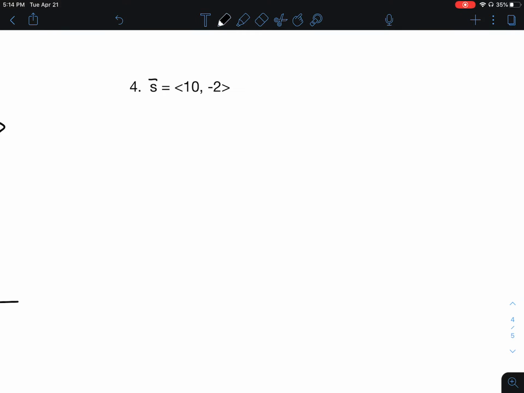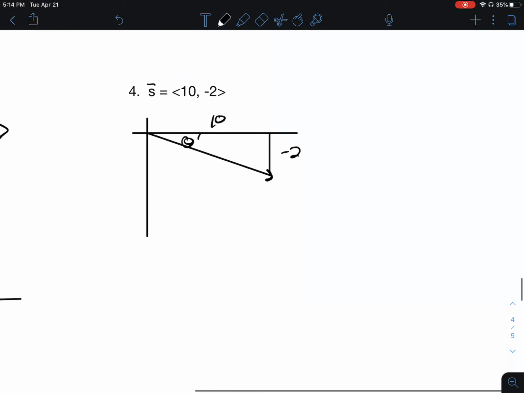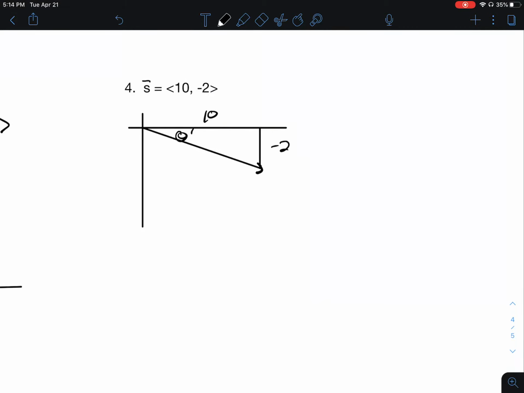Vector S is in quadrant 4. We're going 10 to the right and 2 down. Let's figure out what theta prime is, and then we can figure out what theta is. Let's also figure out the magnitude.